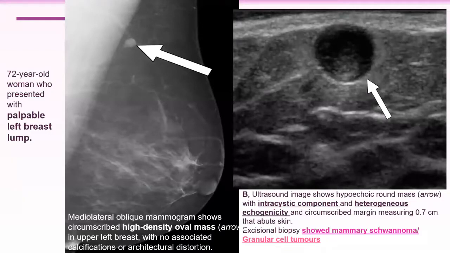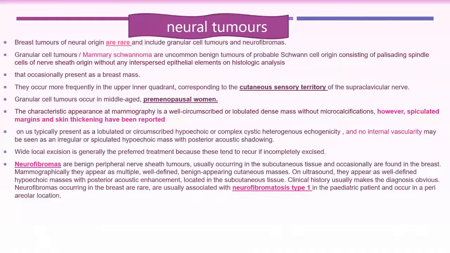Okay, and on ultrasound it demonstrates a complex lesion with internal soft tissue nodules, and is definitely suspicious, but biopsy revealed a benign lesion, which was a schwannoma of the breast, or what is called granular cell tumor, which is a rare entity, usually related to the cutaneous sensory territories.